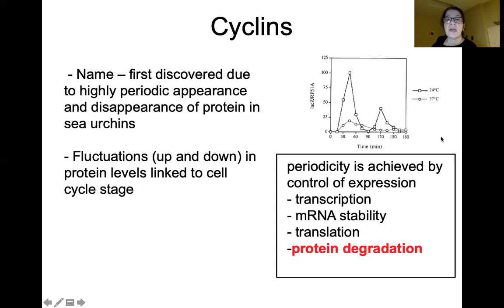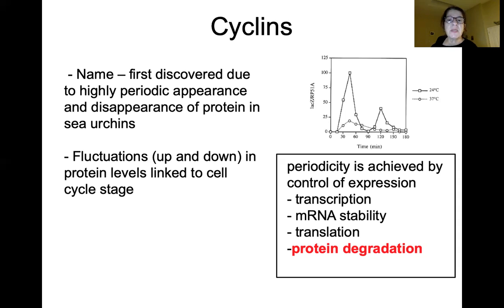Very, very periodic. Now, the periodicity of cyclins is achieved by controlling gene expression, so controlling the expression of the genes coding for the cyclins. And genes are either turned on or off, so transcription is controlled. The stability of the messenger RNA is also controlled in a cell cycle dependent manner, and the translation of the protein.